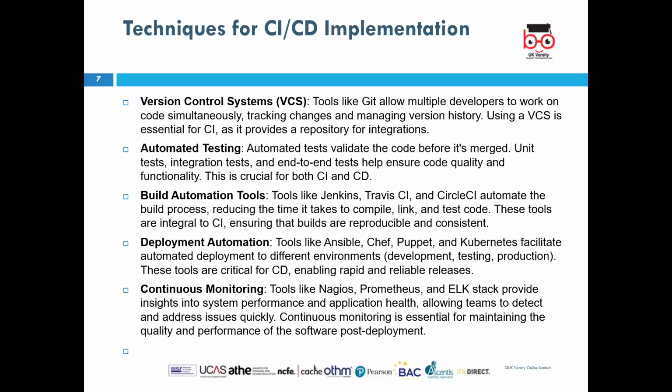When we have deployment automation, we will use tools like Ansible, Chef, Puppet, and when it comes to monitoring the performance and the runtime of our software, we will use software like Grafana, Prometheus, ELK, which all provide insight into our system performance and application health.